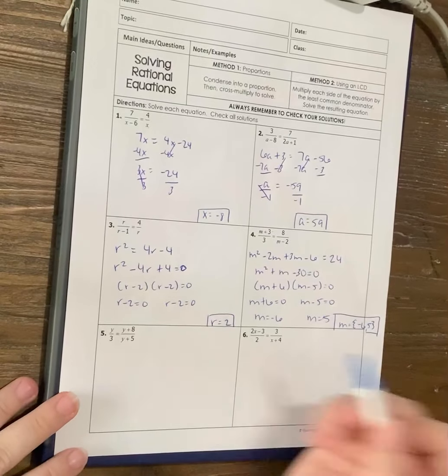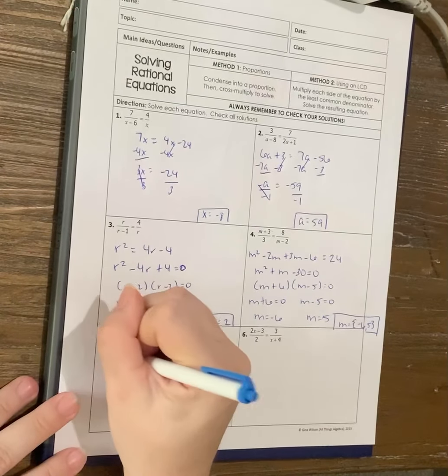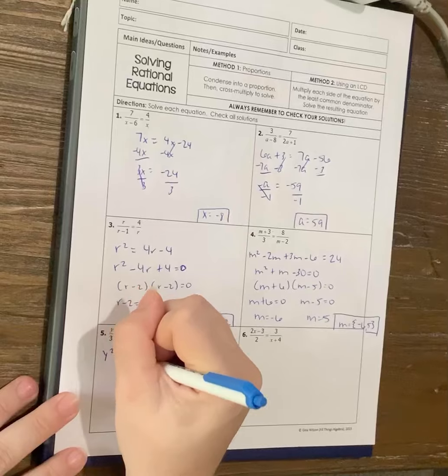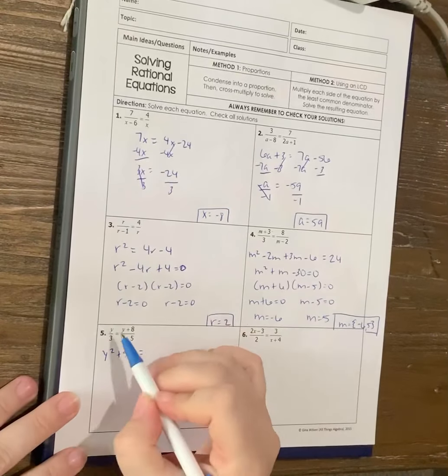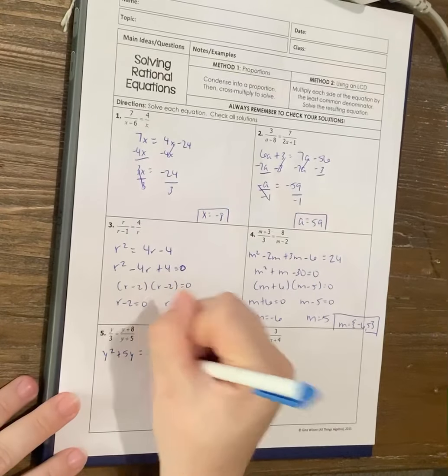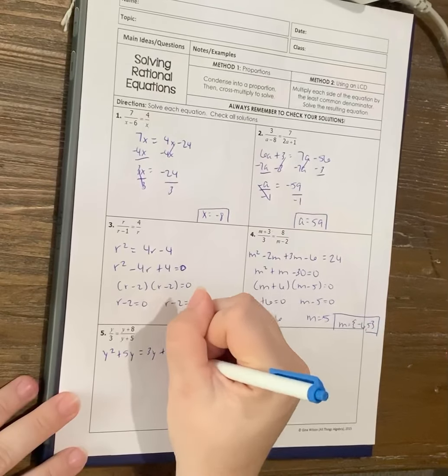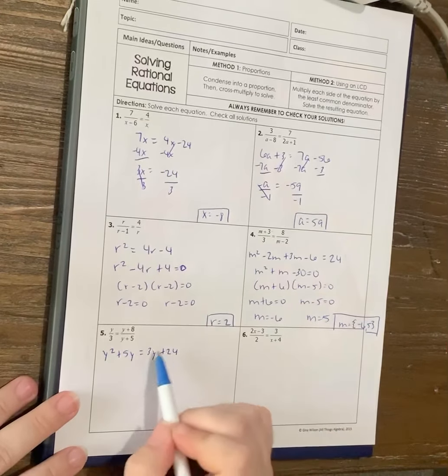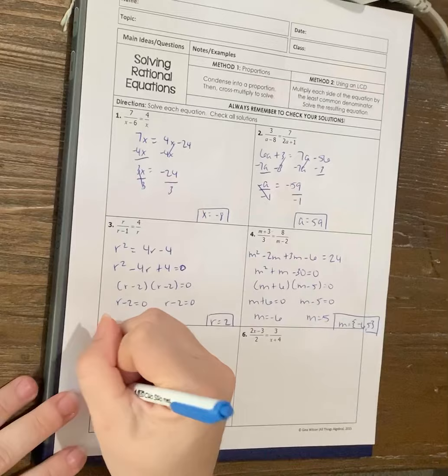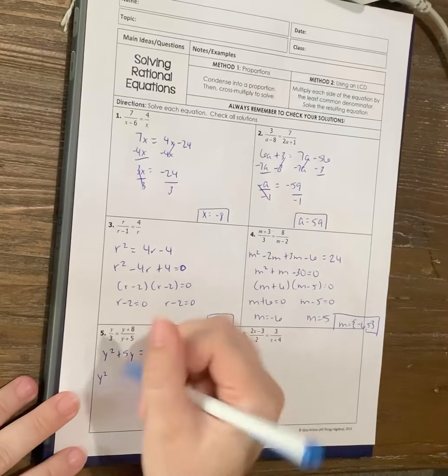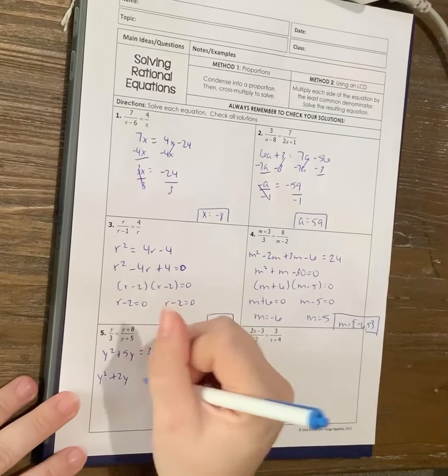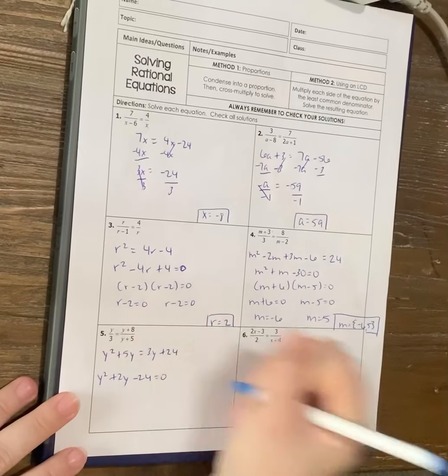Okay, on number 5, so we have y times y is y squared. Y times 5 is 5y. On the other side, we have 3 times y is 3y. 3 times 8 is 24. Okay, let's go ahead and move all of this to the same side. So we have y squared, subtract 3y over, that gives us 2y. Subtract the 24 over, we have negative 24.